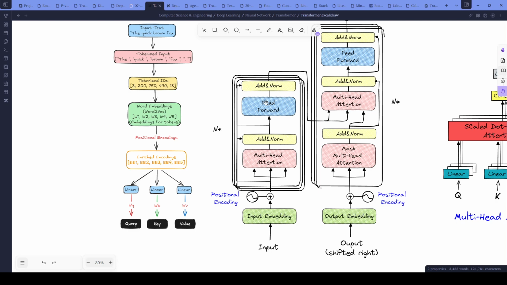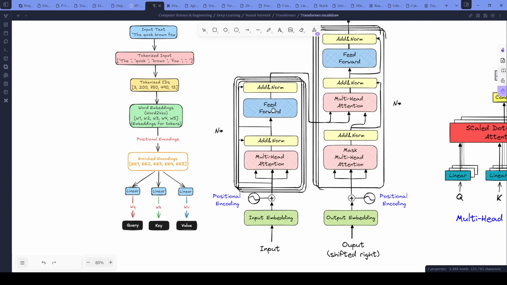The pointwise feed-forward network is a couple of linear layers with a ReLU activation, or some other activation, like tanh, in between. The output of that is then added to the input of the pointwise feed-forward network, and then further normalized again.